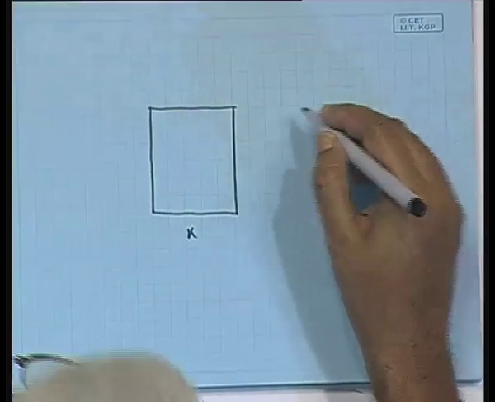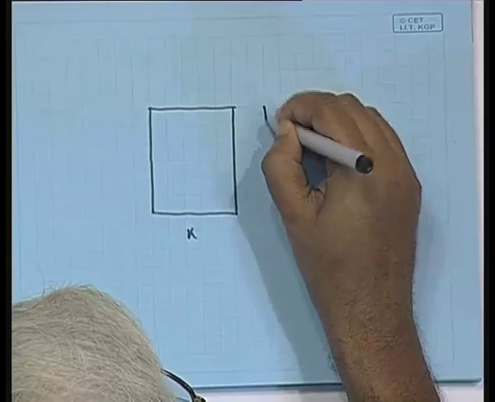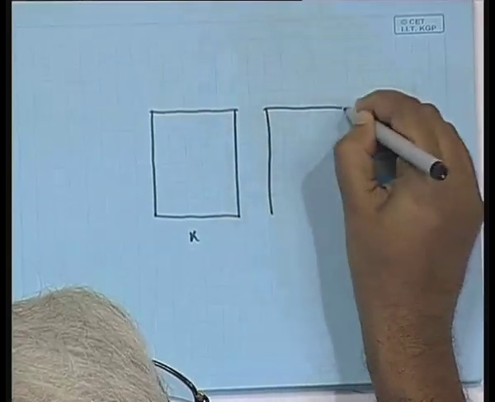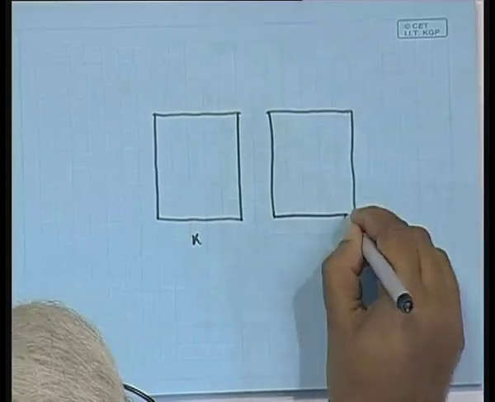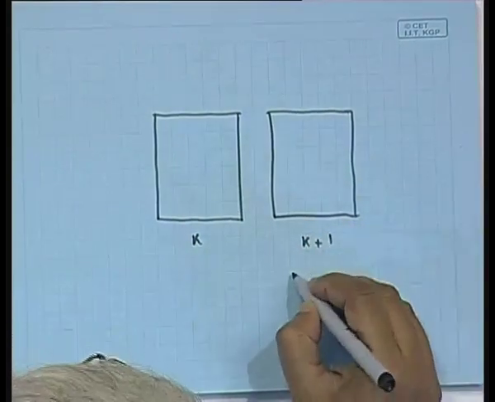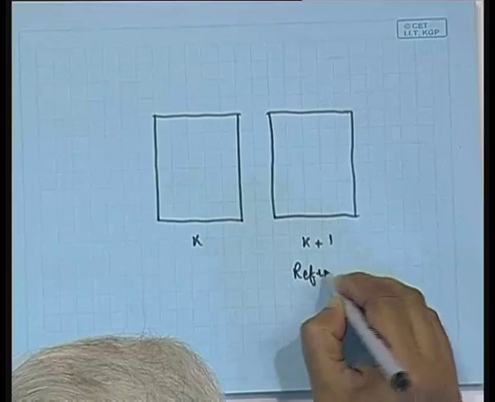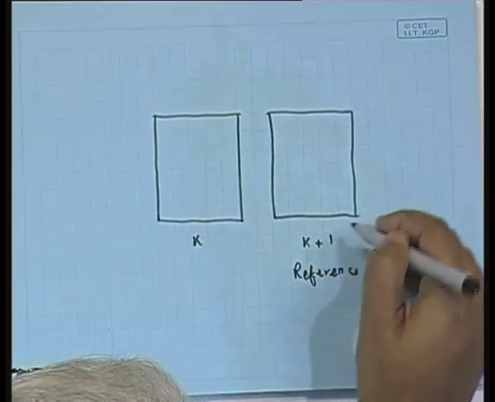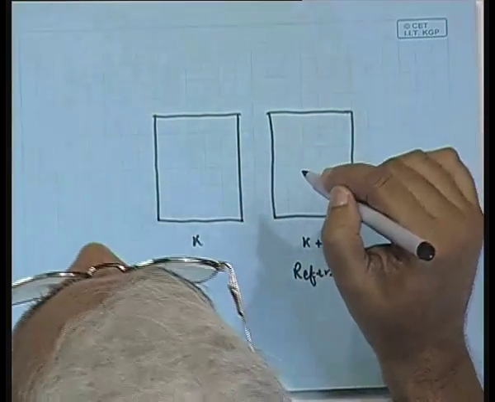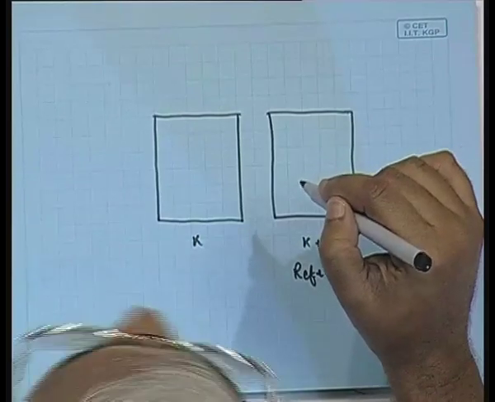Let us say the next future frame, the k plus 1th frame. We are going to use that as the reference, and with respect to that we are going to predict k.